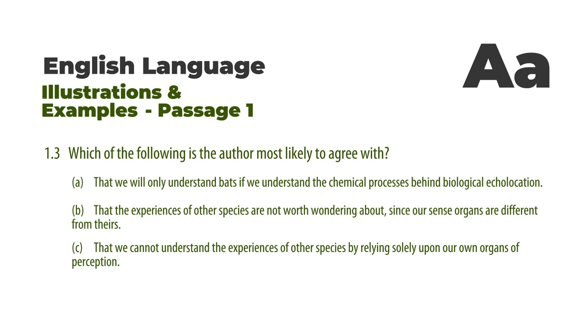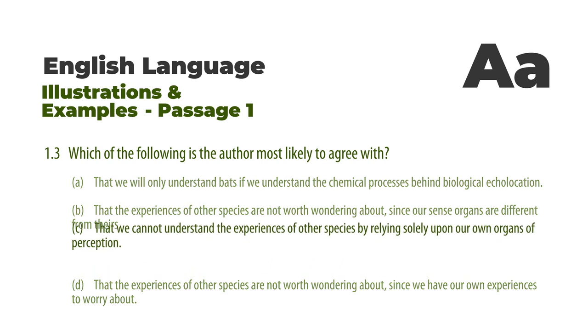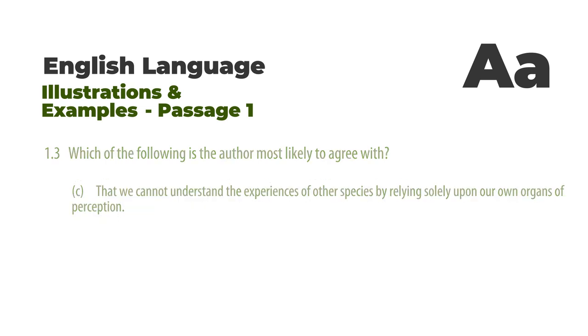C. That we cannot understand the experiences of other species by relying solely upon our own organs of perception. Or D. That the experiences of other species are not worth wondering about since we have our own experiences to worry about. The correct answer is option C.